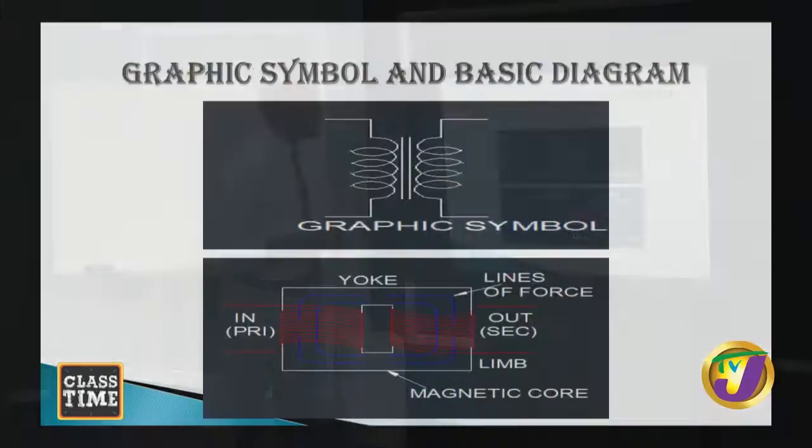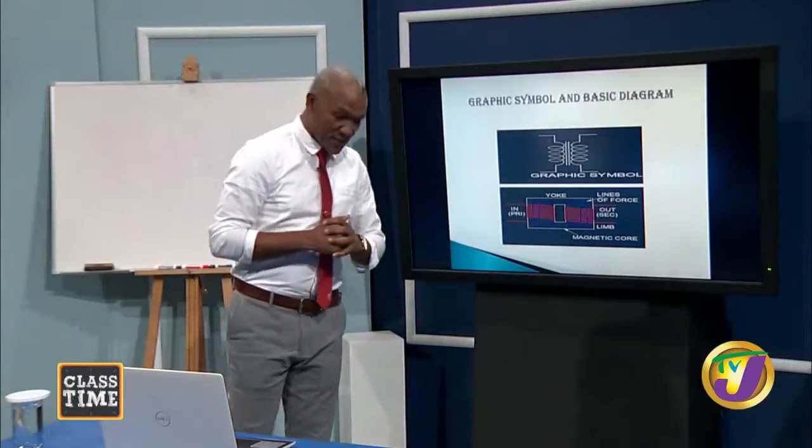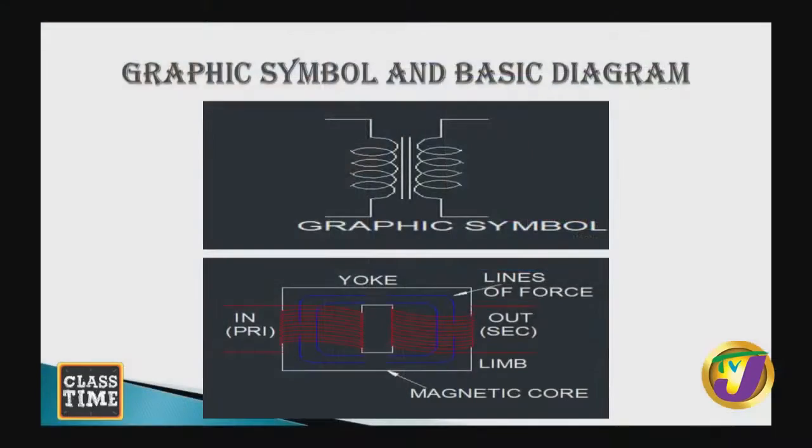Moving on. Graphic symbol and basic diagram. So we look at the graphic symbol for a transformer. This is what you draw if you're asked to draw a graphic symbol to represent a transformer. However, if you're drawing this symbol in a circuit diagram, bear in mind when you come to the board, this would be your symbol.